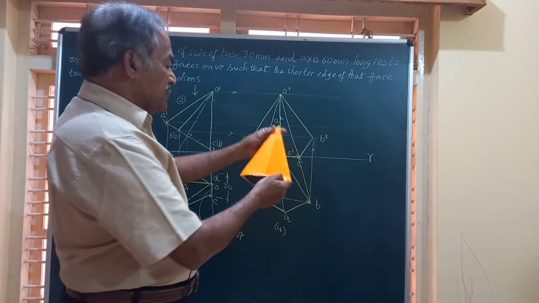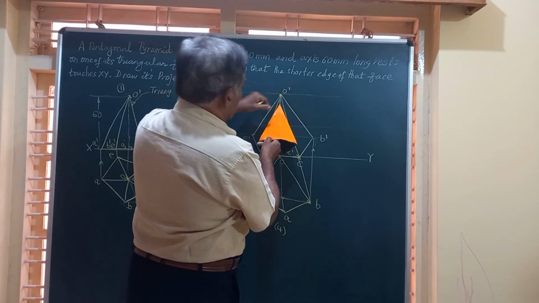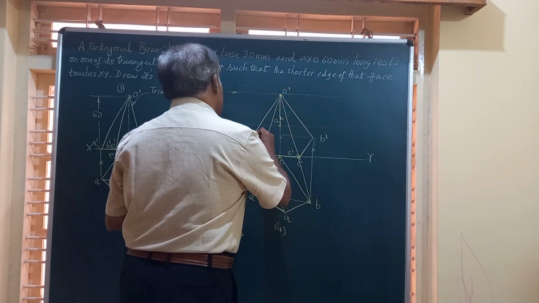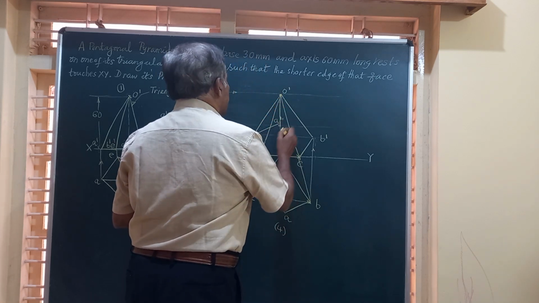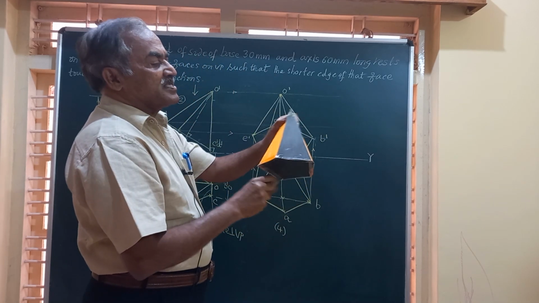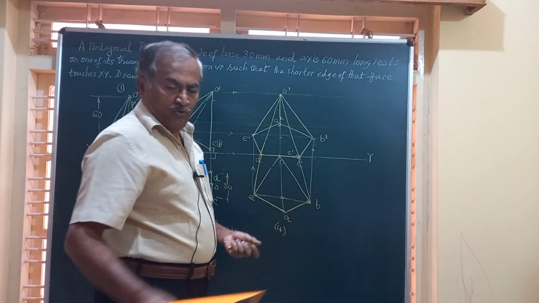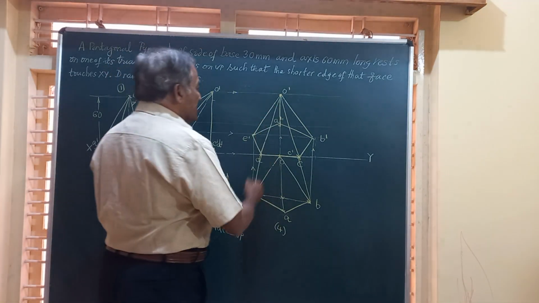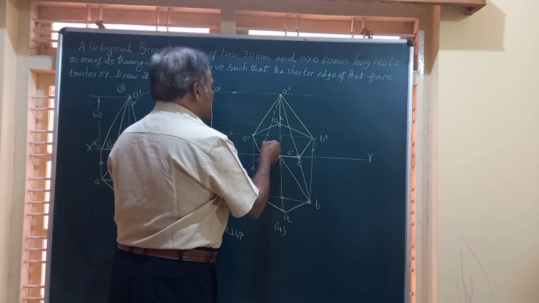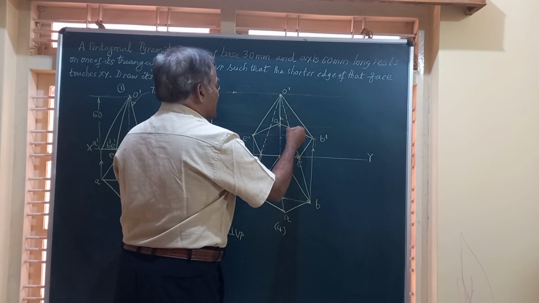And now what happens? This line is visible. I'll show you. So if you keep it like this, you'll be able to see the complete base. So the complete base is A dash, B dash, C dash, E dash, and this is the complete base you are seeing. But since this triangular face is away from the observer, it is behind, those 2 longer edges, or the slant edges of that, should be shown by an invisible line because they are not visible to the observer in the front view.